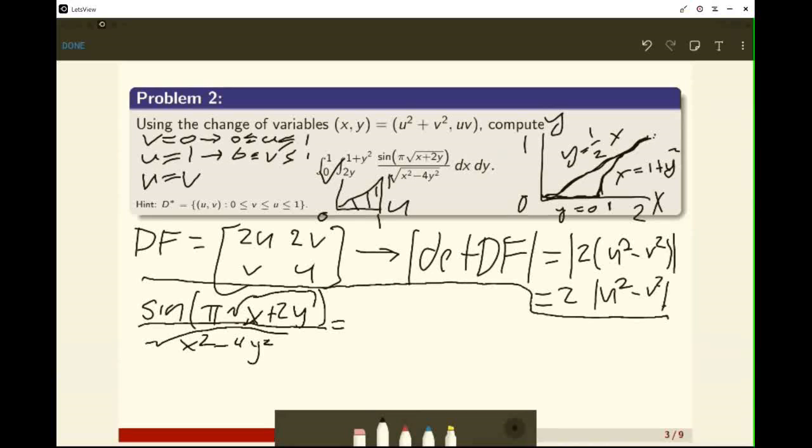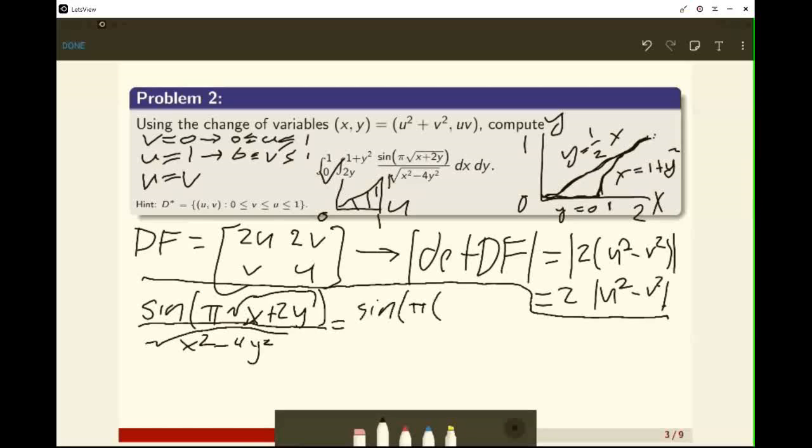We know that this x plus 2y is going to be u squared plus 2uv plus v squared, which is going to be u plus v quantity squared. And so we've got sine of pi times the square root of the square of u plus v.